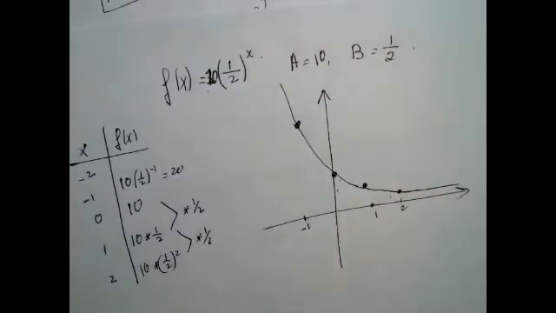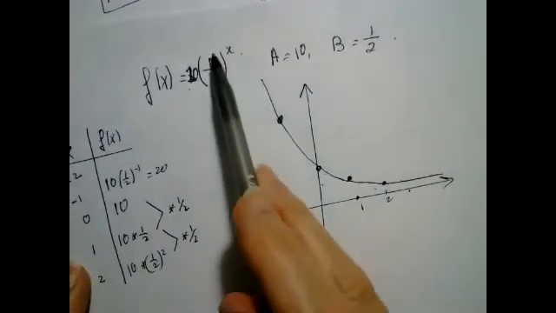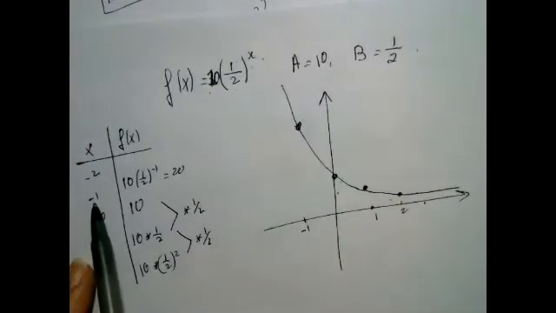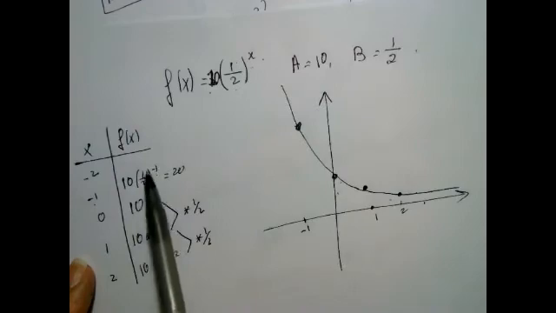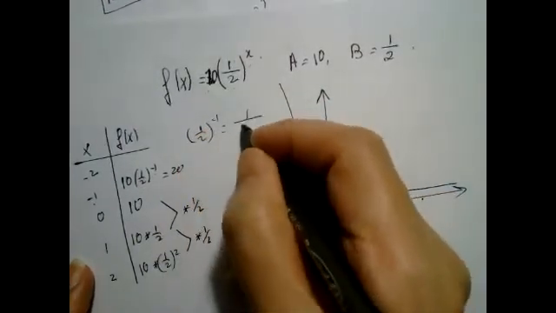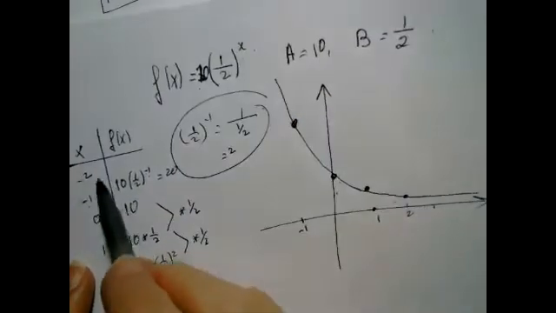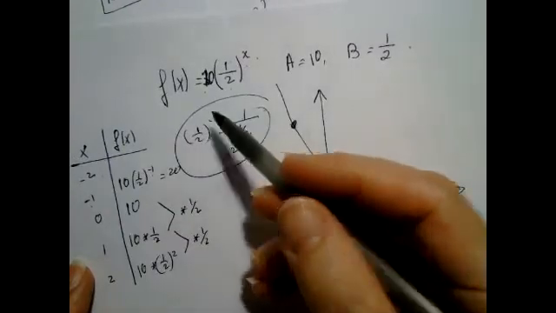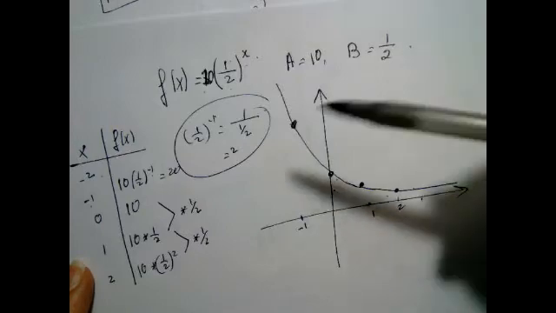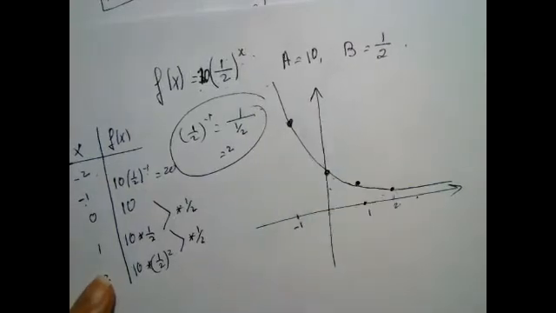Absolutely decreasing. And also, it's never 0, because if you take a half to any power, this will never be 0. 1/2 to the negative 1 is 2, so it's not a negative number. 1/2 to the negative 2 is 1/2 to the power 2 inverted, which is also a positive number. So the function will never take a negative value and will never be equal to 0, but it is decreasing.